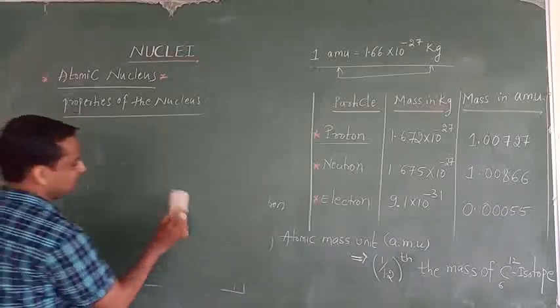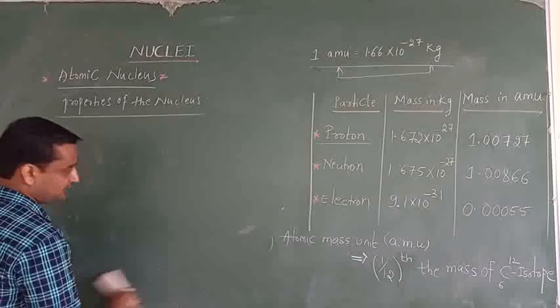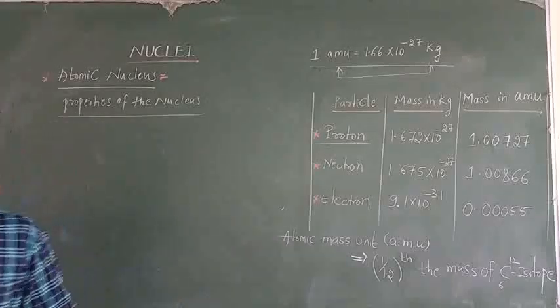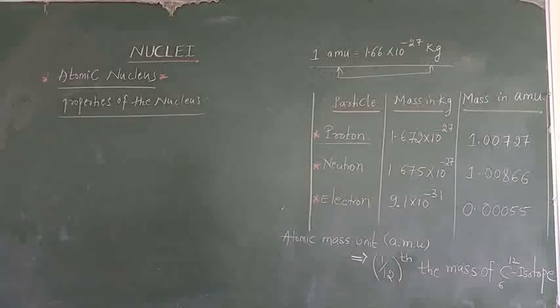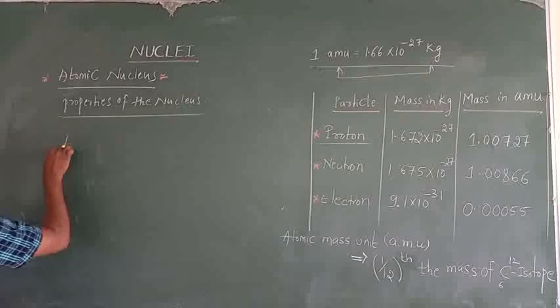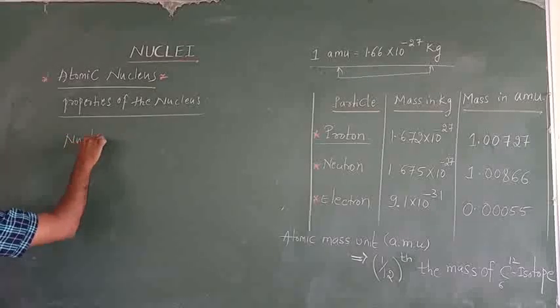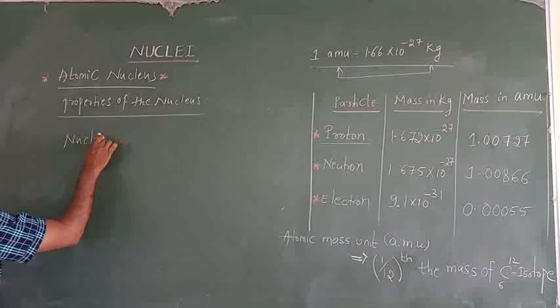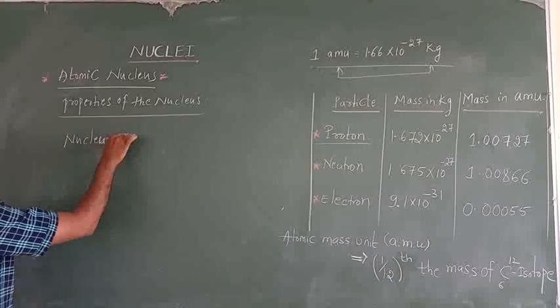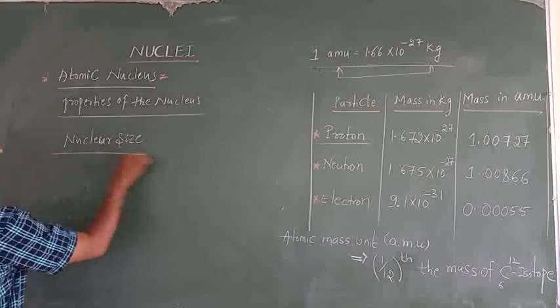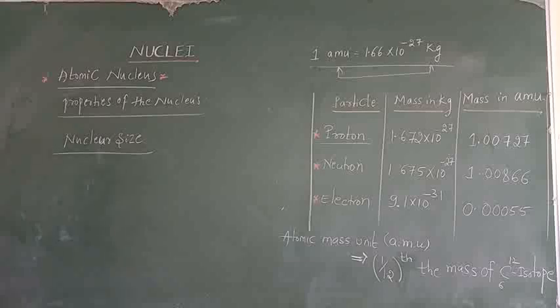The next point regarding the properties of the nucleus is the radius of the nucleus, or the nuclear size in terms of radius. The next property of the nucleus is the nuclear size.